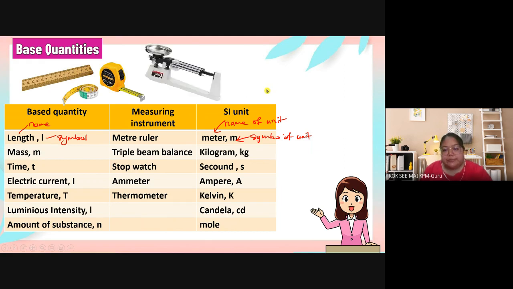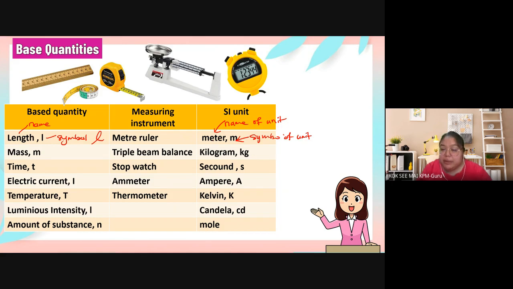Okay, let's see the first one. It's length. Length includes distance, height, and width. Width, length, we all call length. So for length, the symbol is L. Normally they write it like this, L. We use the meter rule to measure.